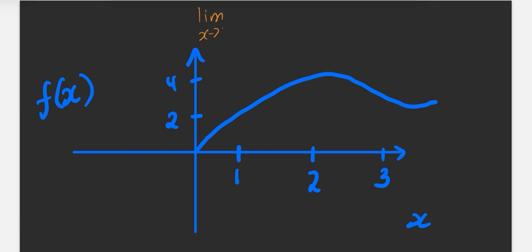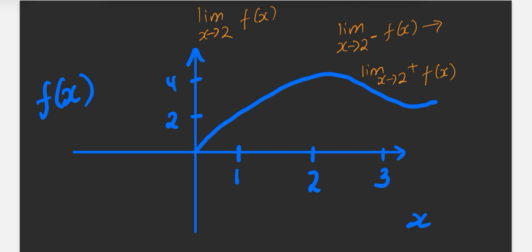In order to figure out what that is, we have to figure out the limit as x approaches 2 from the left-hand side of f of x and the limit as x approaches 2 from the right-hand side of f of x, and check if these two are equal. If they're equal, then we do have a limit as x approaches 2. Let's start with the first one, the limit as x approaches 2 from the left-hand side of f of x.